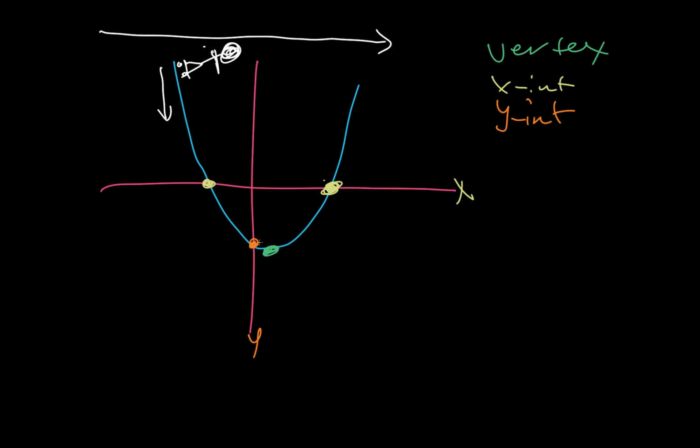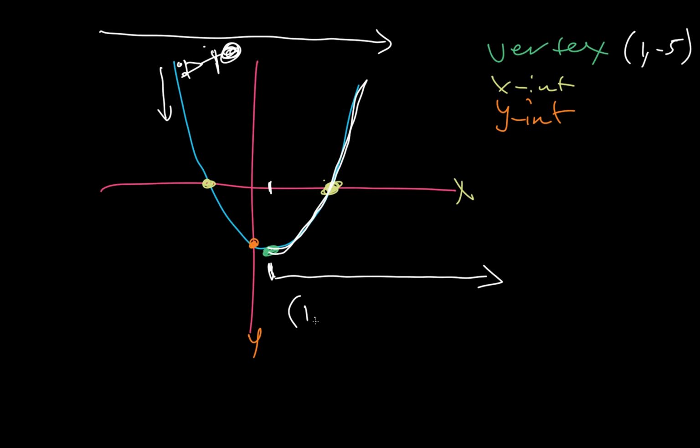We're going to go down until we hit the vertex, and then from the vertex all the way to infinity, we are going to be increasing, because from there to there, we would be traveling uphill. So for example, if the vertex was something like (1, -5), the x value right here is 1, and so we would say that we're increasing from 1 to infinity. Once again, that is the increasing interval.